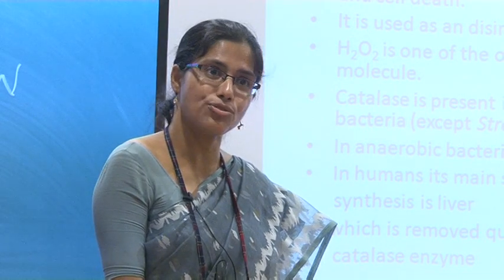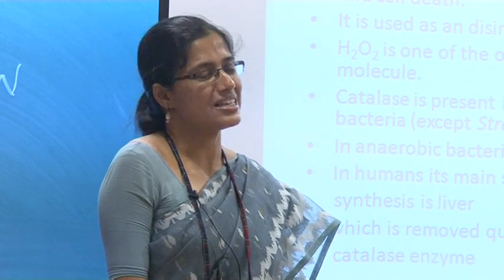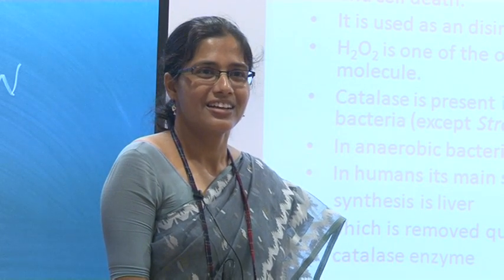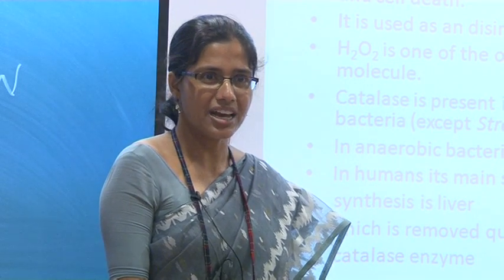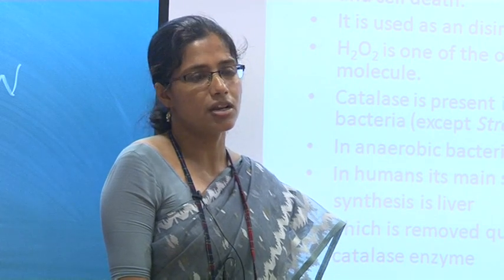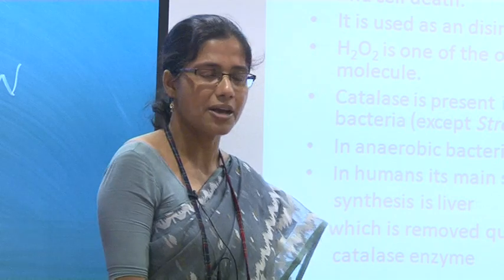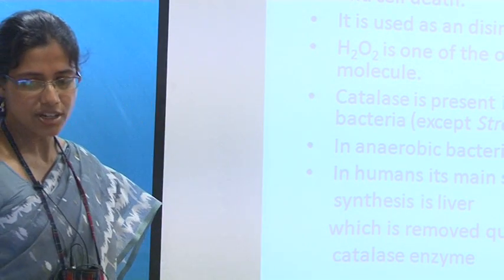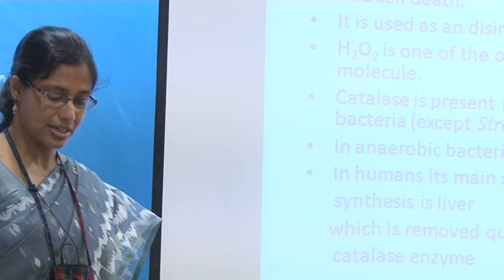Where? In day-to-day life. Maybe not in day-to-day. Some may use it, some may not. It is actually a disinfectant. Okay? A 1.5% to 3% solution of hydrogen peroxide is a disinfectant. Why is it a disinfectant?